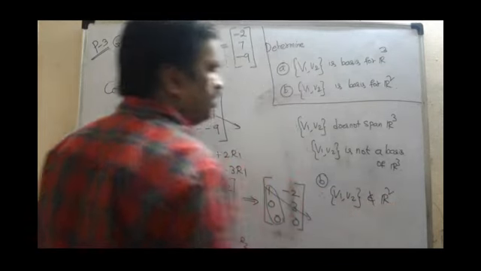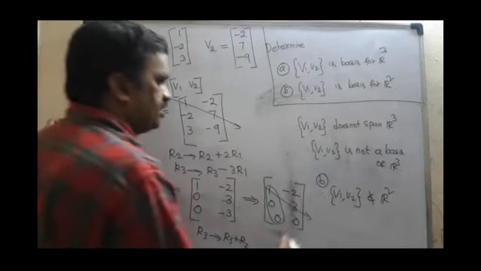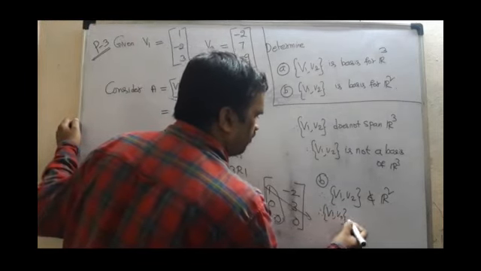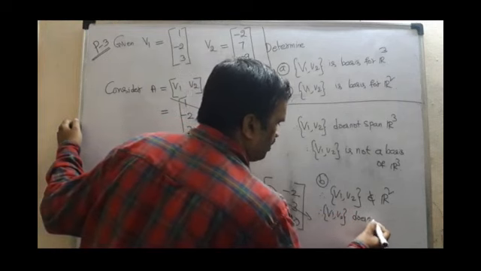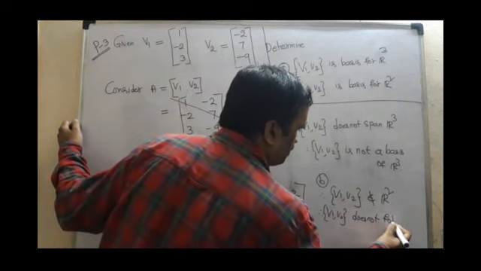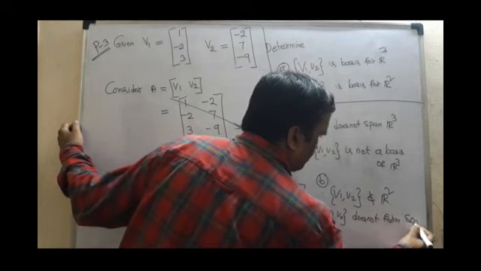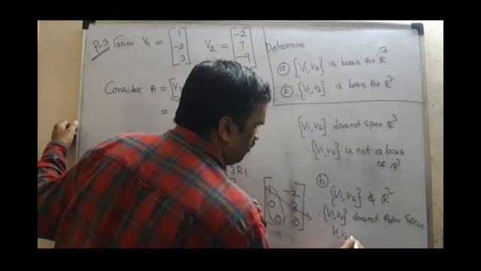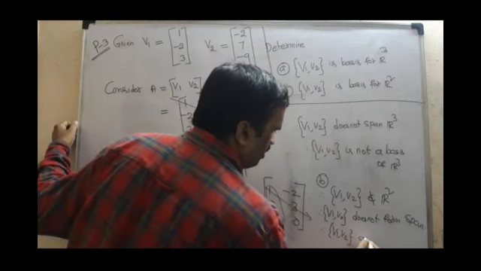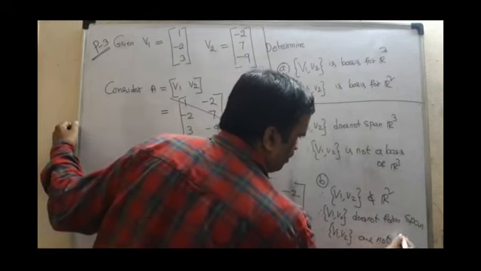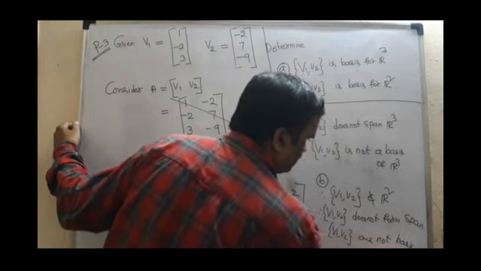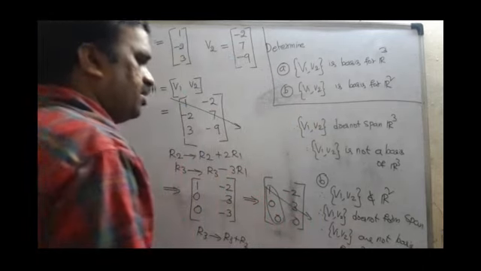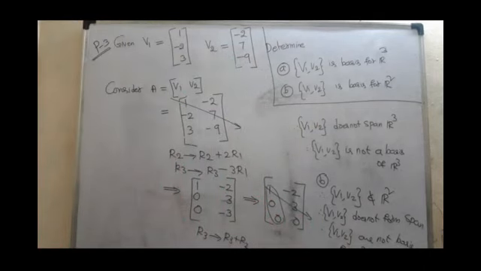They do not form a span. Whenever they do not form a span, I can say they are not a basis for R square.